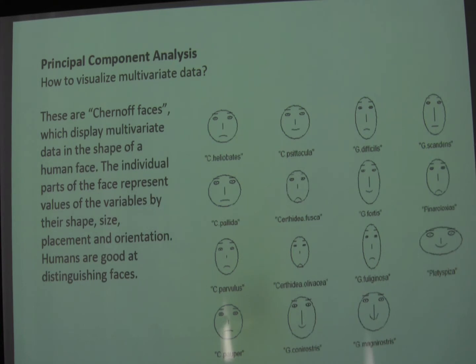And so take advantage of this, the fact that half our brain is pretty much wired to do just this. And make each variation in one variable a variation in a different trait of a face, so that we can see which species are relatively similar to one another and which ones are relatively different. Like this one's pretty different. You can see this right away.